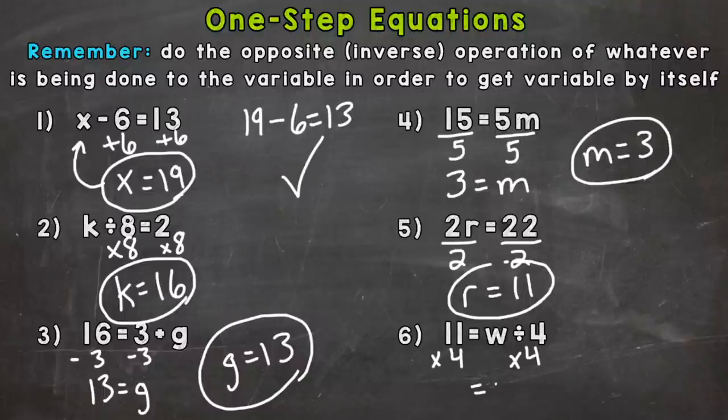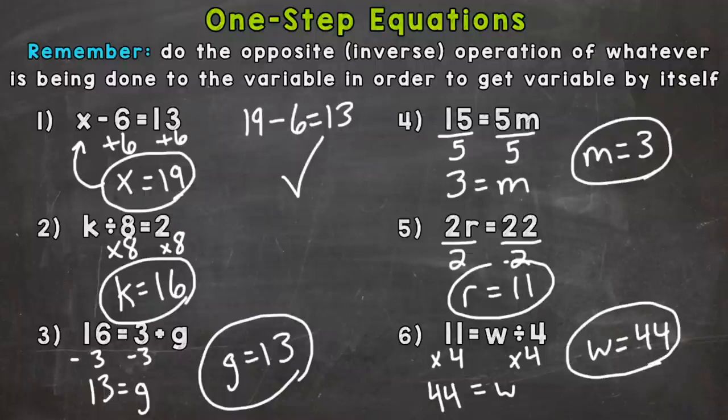So we end up with an answer of 44 for the value of w. So w equals 44. And let's double check. 44 divided by 4 does equal 11, so we're good to go with number 6.